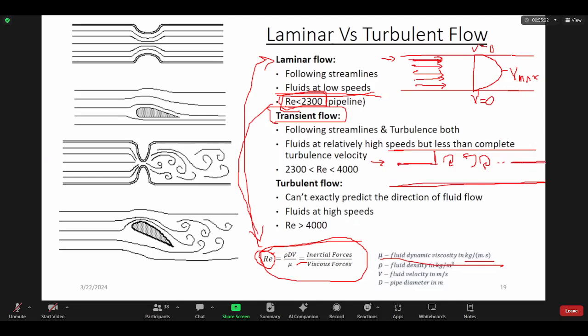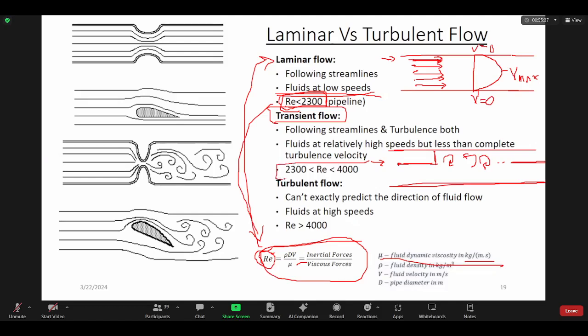This type of fluid we can call transient flow: fluid at relatively high speed but less than complete turbulent velocity.